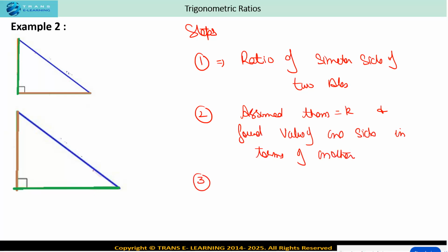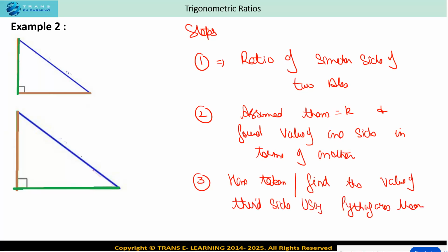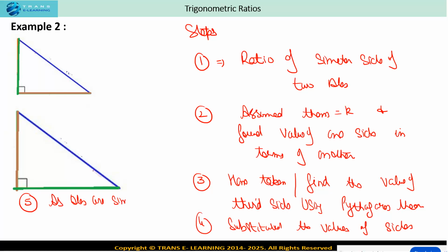The third part is that I have taken the remaining side using Pythagoras theorem, and then I have substituted the value of the side. Now the fifth is that as the triangles are similar, as sides are in ratio, the sixth is that angles are equal. So these are the steps that you need to understand.